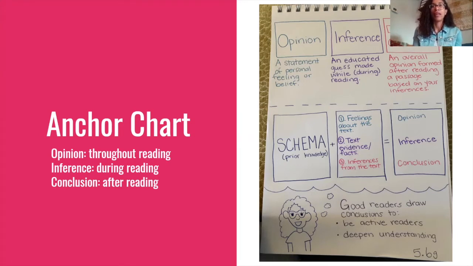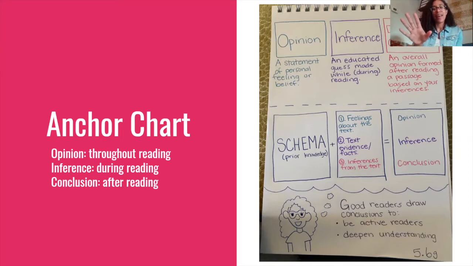So maybe instead of the author saying it is raining today, maybe they said the students all walked into the classroom with raincoats and umbrellas dripping on the floor. We didn't hear the author explicitly say that it was raining, but we can put together what's happening using what we know and what the text says.